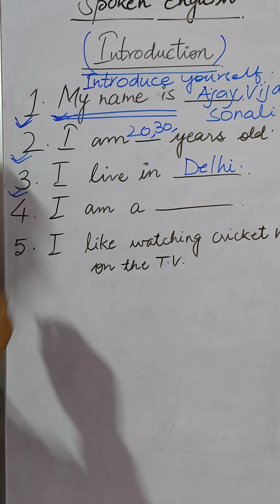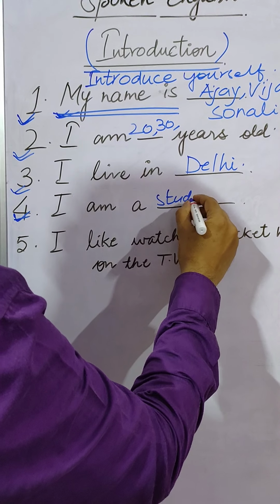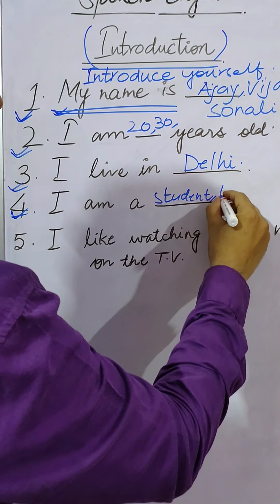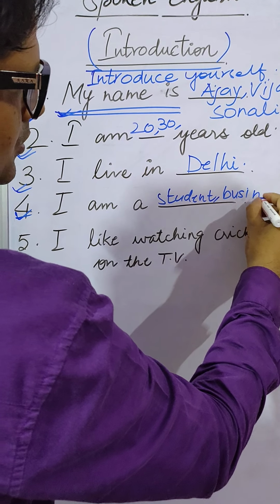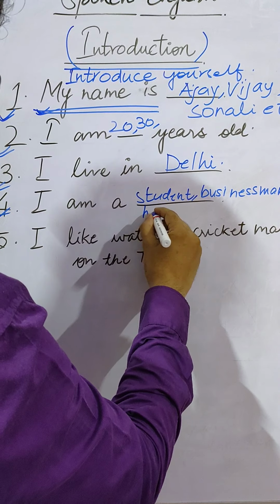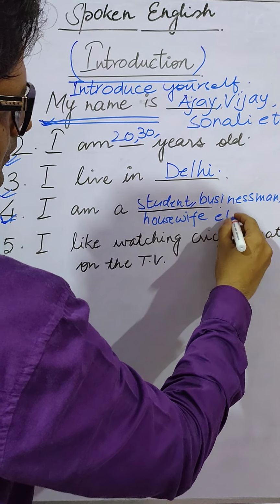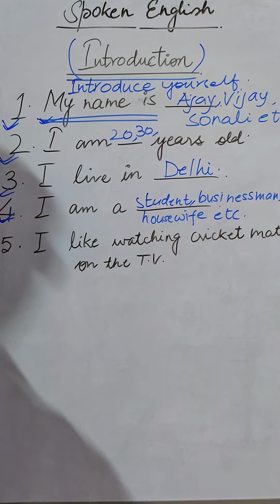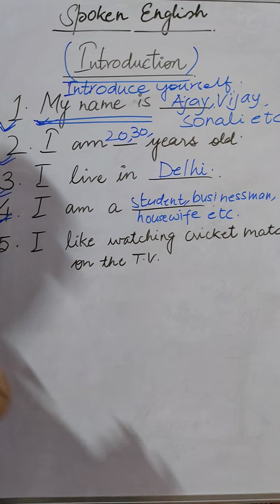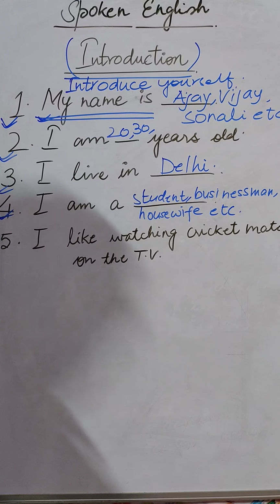Fourth one is "I'm a student." Suppose you are a student, you'll say I'm a student. Suppose you are a businessman, you'll say businessman. Suppose you are a housewife, you'll say I'm a housewife, like that, right? So you can introduce your profession, your status, what you do actually in society, and what you are essentially following.